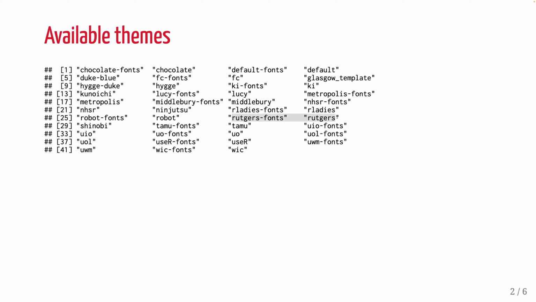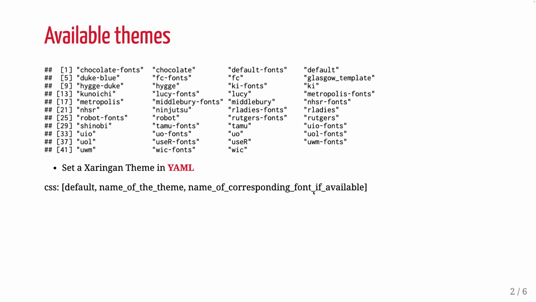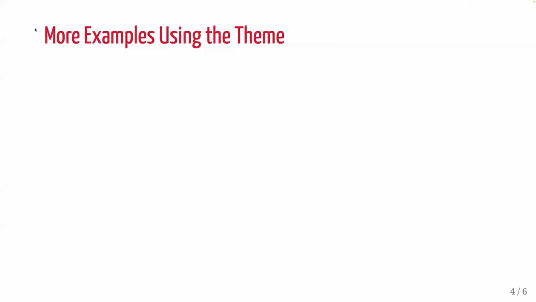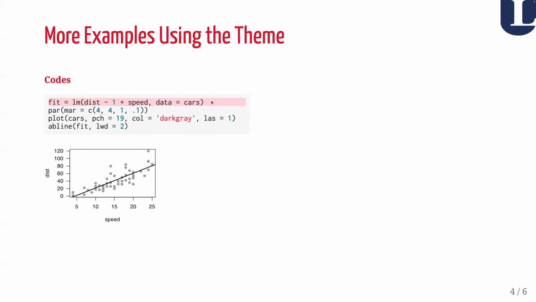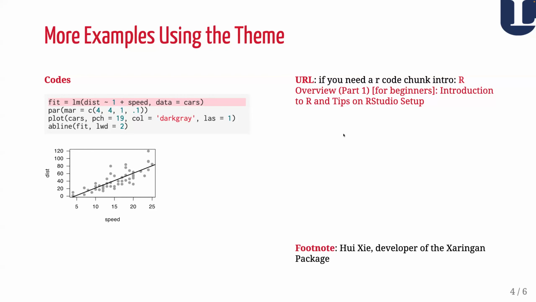Yeah, Rutgers. It has white on a black background for the section titles, and the slide title is in red. The logo, the code, so a lot of red as the theme. The URL is also red, and the footnotes. What's next?